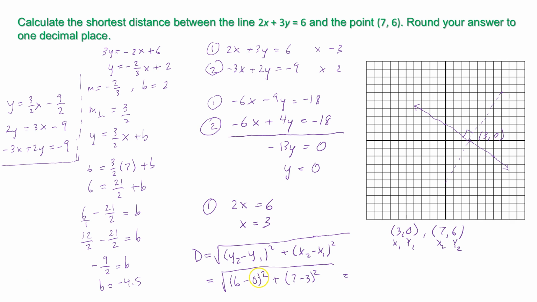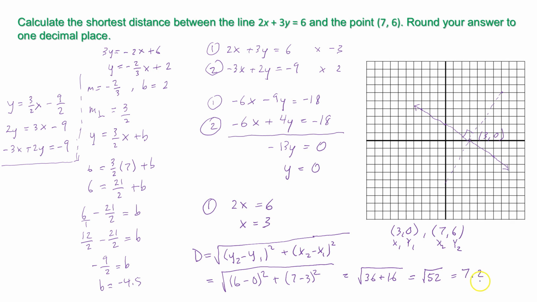So 6 squared is going to be 36, so we're going to have 36 plus 16, under the square root. And that's going to equal the root of 52, which is 7.2.